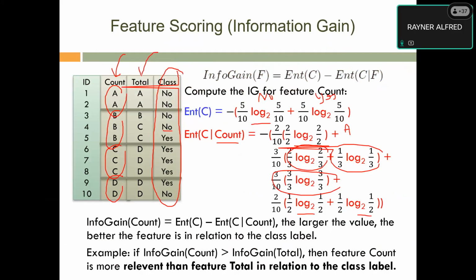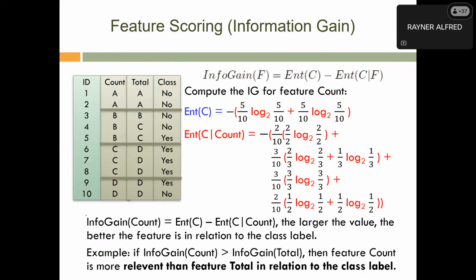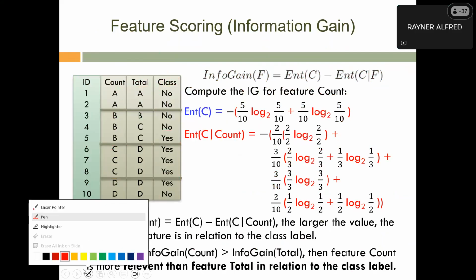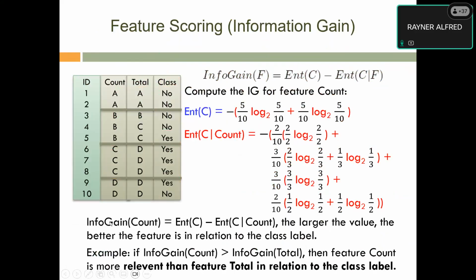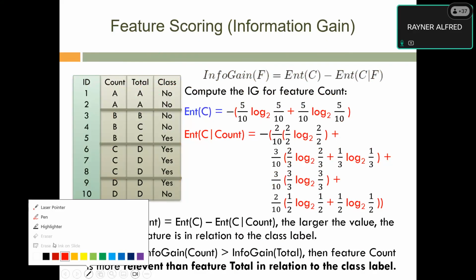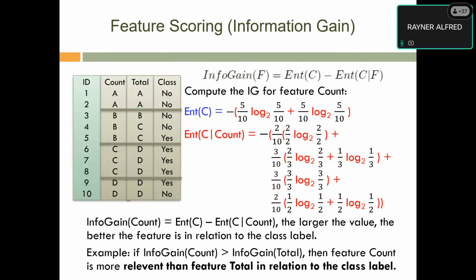We do it again for here. But this time your partition will be different. Now this is here, and then here, and then here. So we have 1, 2, 3, and 4 partitions. We repeat this again and find the IG.